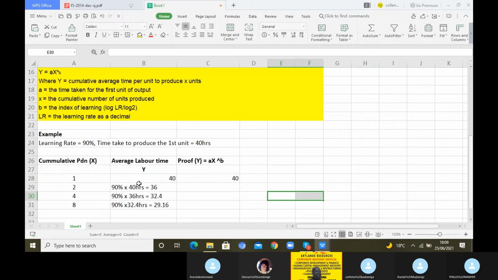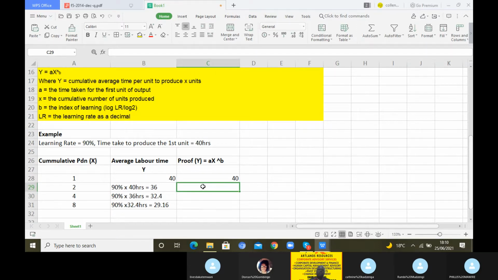You are learning if you are taking less time. So the average for 1 was 40. For 2 units was 90% of 40, because you are learning at 90%, meaning you are spending 90% of the previous labor time.